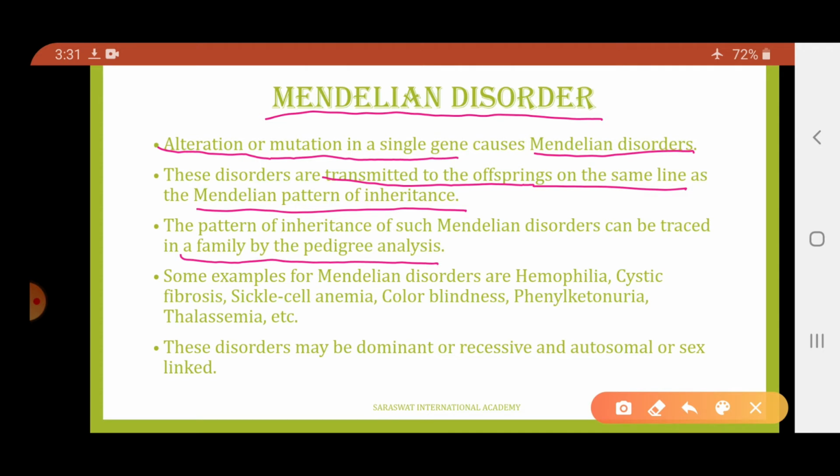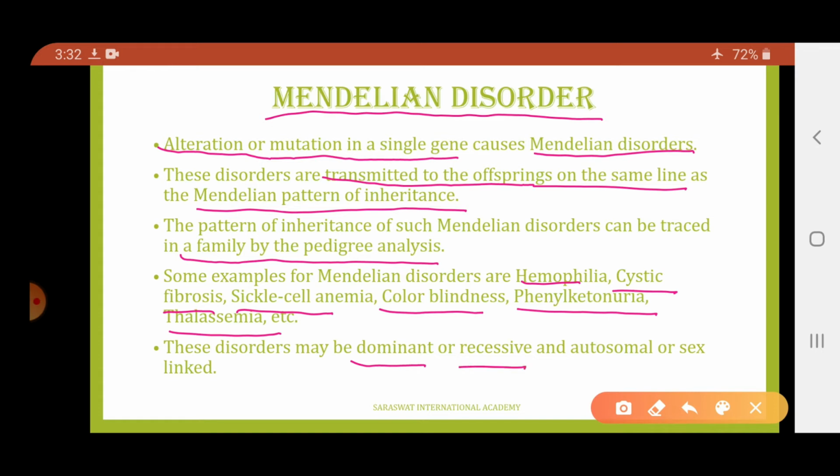Now some examples are hemophilia, cystic fibrosis, sickle cell anemia, color blindness, phenylketonuria, thalassemia, etc. These are some of the Mendelian disorders. Now students, these disorders may be either dominant, that is it will be transmitted from generation to generation.